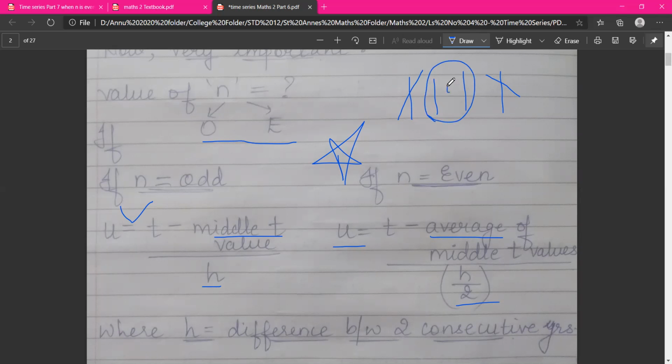Now the midpoint of these two we have to find, which will lie somewhere over here. So that is why I have written average of middle t values. That means the numbers that remain in the center, you add them, divide by 2, and then you will get the average of that particular number. All right.